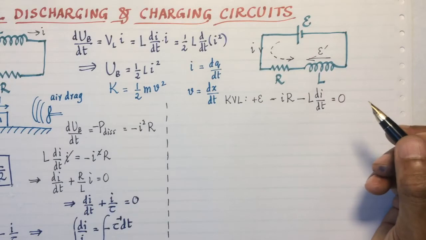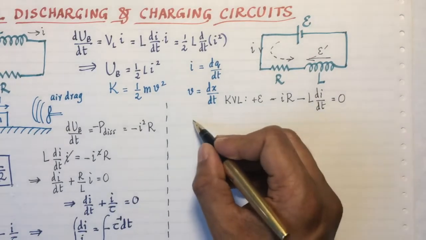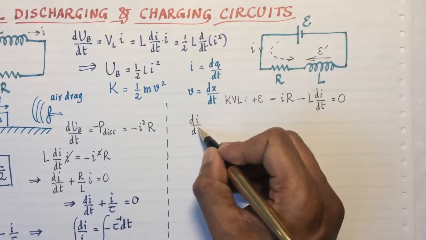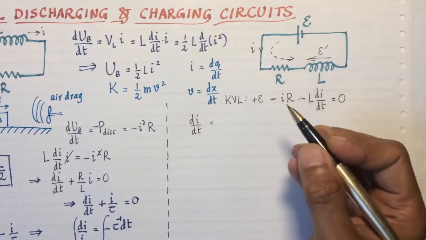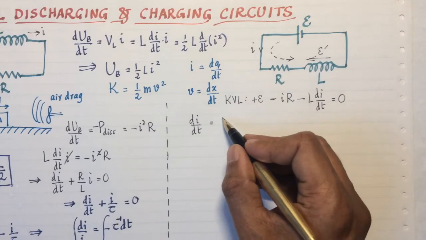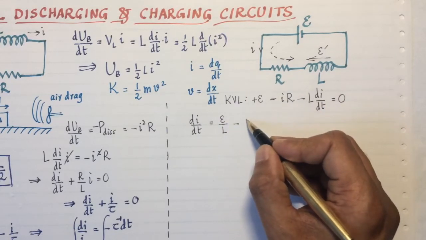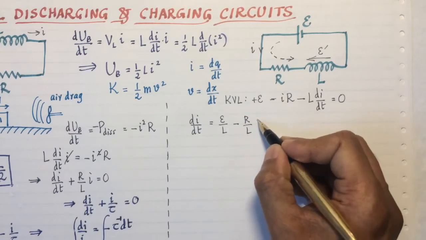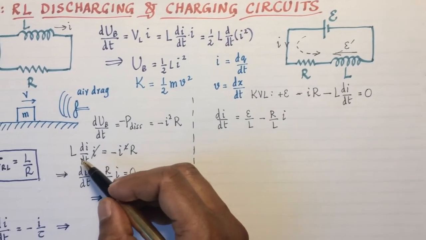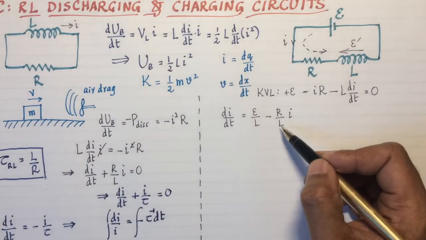Well, the one thing I can do here is to move di by dt to the left, and then I'll have to divide both sides by L to do that. So I'll get E over L minus R over L times I. Now L over R is tau, so R over L is 1 over tau.